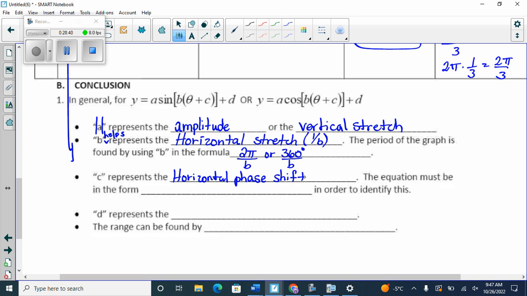The equation must be in the form y equals a sine, because we need to have a 1 in front of our x, right? Same thing with cos. D represents the vertical displacement.